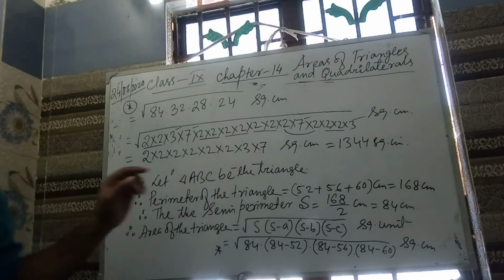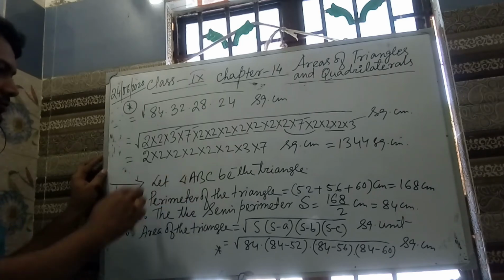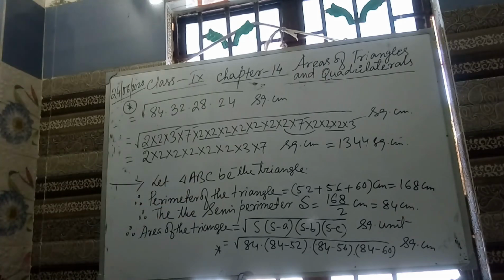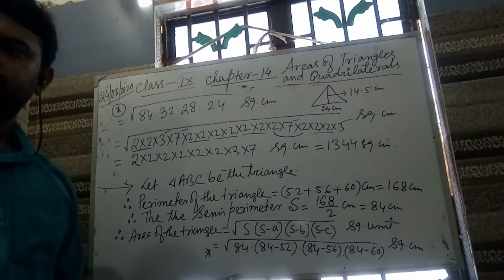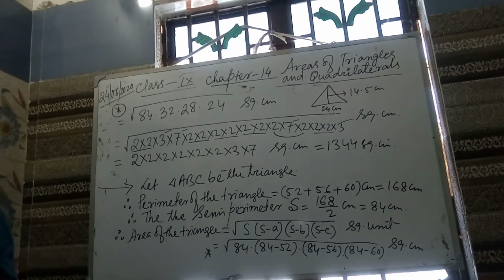Let ABC be the triangle. I am giving you 2 minutes to copy the sum. Okay, I am repeating the question.